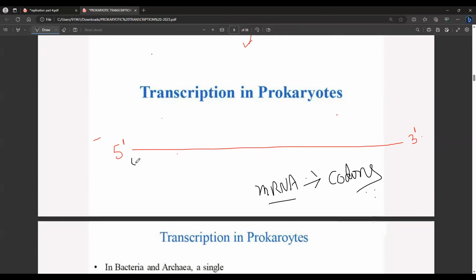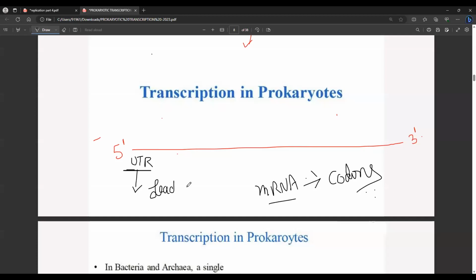So at the 5' end of the mRNA, there is a sequence we call the UTR sequence. What is the full form of UTR? Untranslated region, the region which never undergoes protein synthesis. The UTR present at the 5' end, friends, we call the leader sequence.